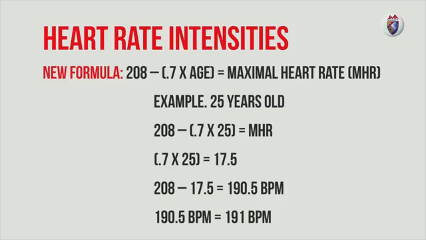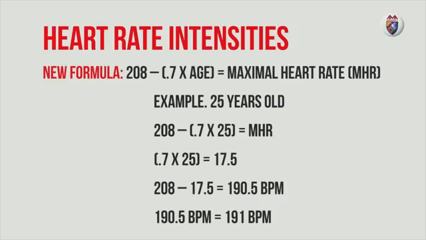Let's use the same example a while ago. The solution would now be 208 minus 0.7 times 25. You will first calculate for the answer of the solution inside the parenthesis, which is 0.7 times 25. And the answer is now 17.5.